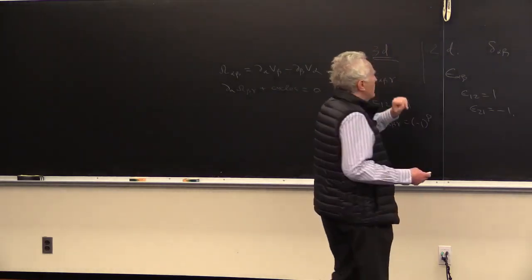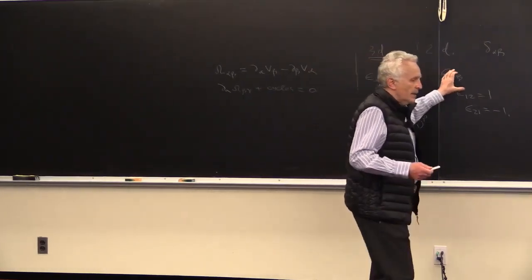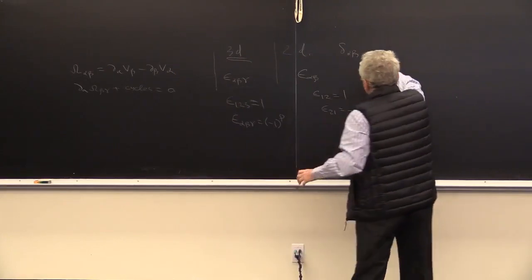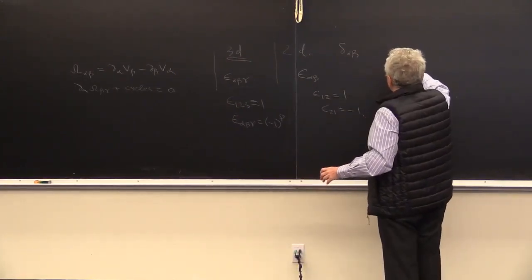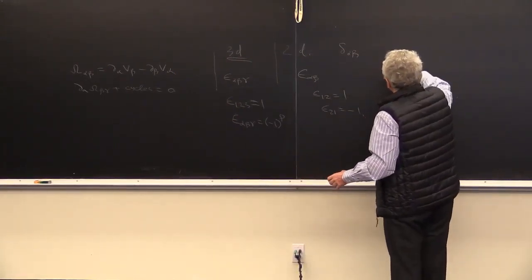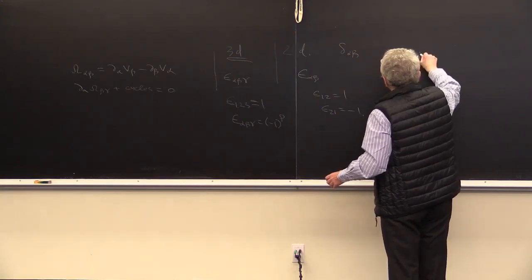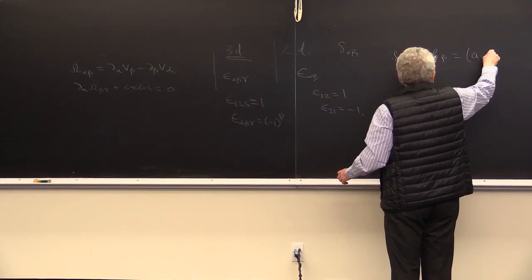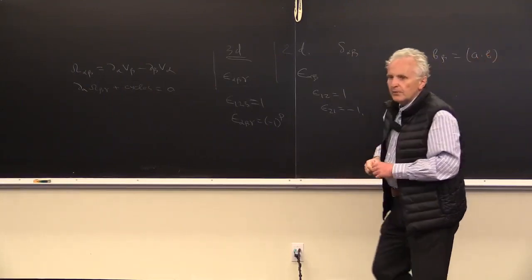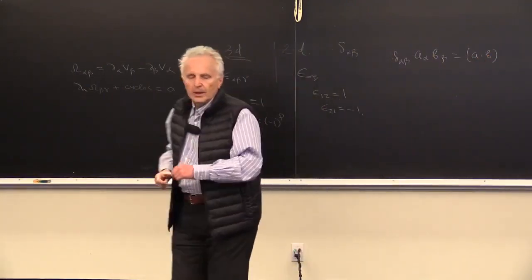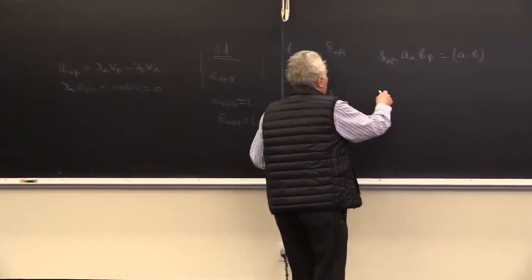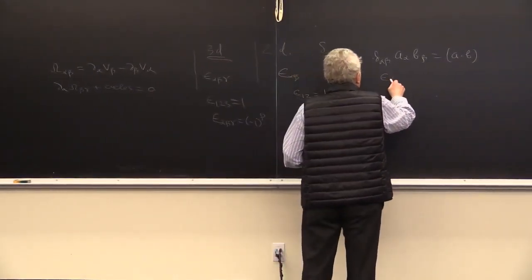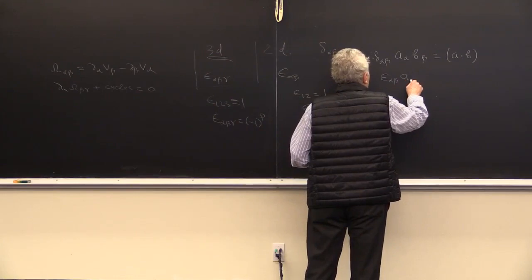Now, what is remarkable is that in 2 dimensions, if you multiply two vectors by delta alpha beta, you form a scalar product, which is invariant under rotation. But you also can form another scalar product.